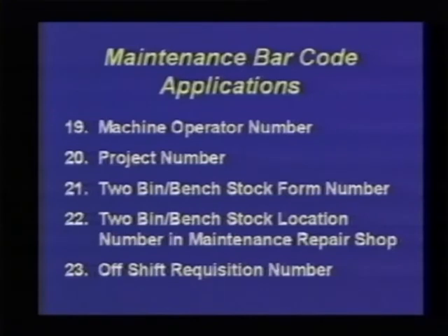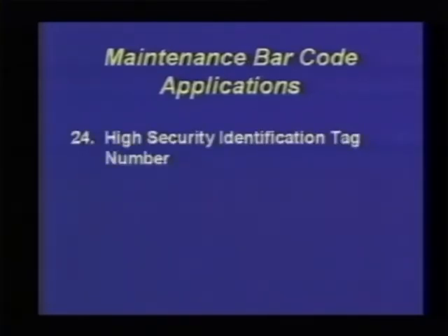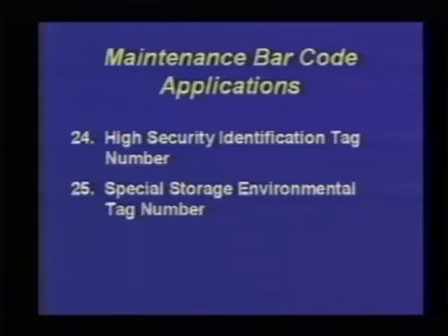And then the high security items that are in a bonded crib could have a special barcode identification tag for that item. And those items that require special environment, which is identified in 25, those special environmental storage requirements can likewise be barcoded.